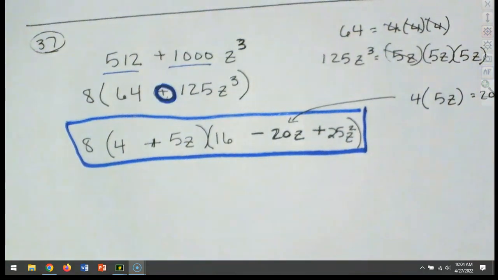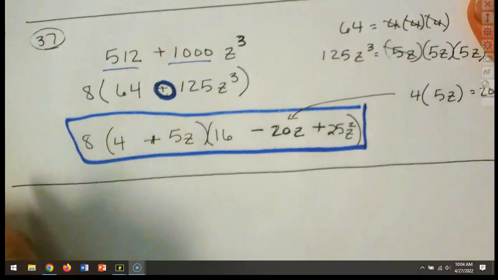Okay, let's see if we remember how to do one of these. How about 69? Let's see what we can do with question 69.